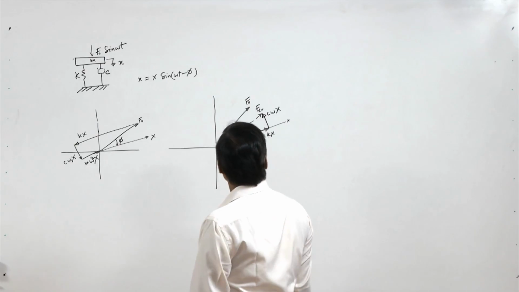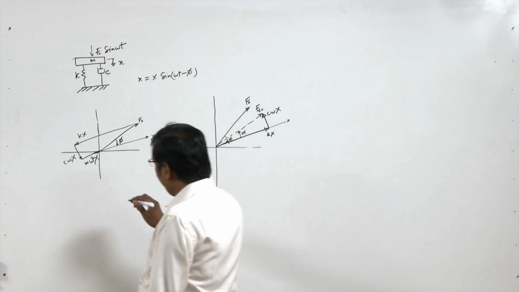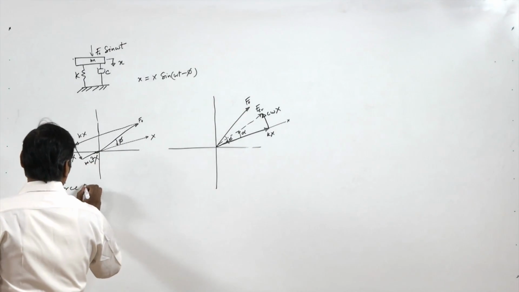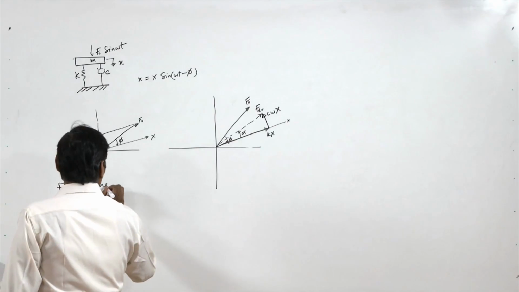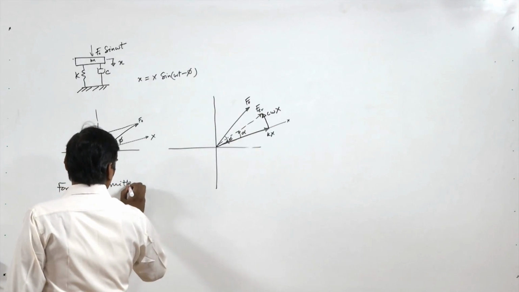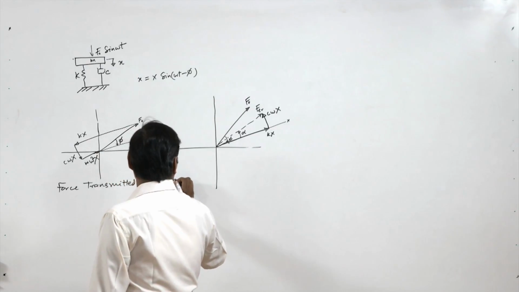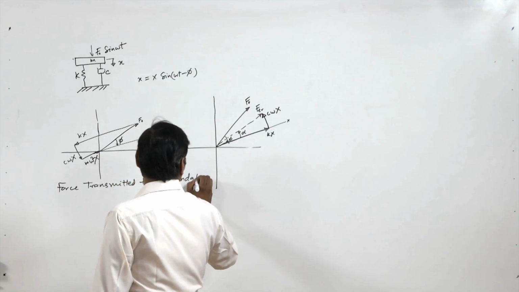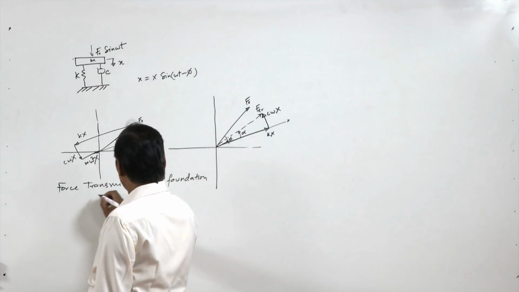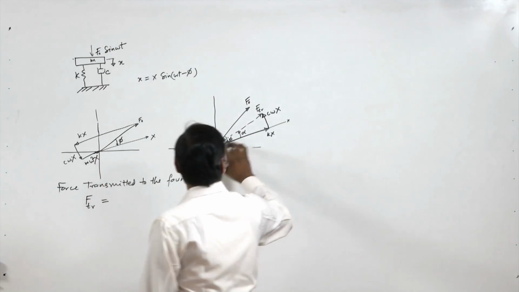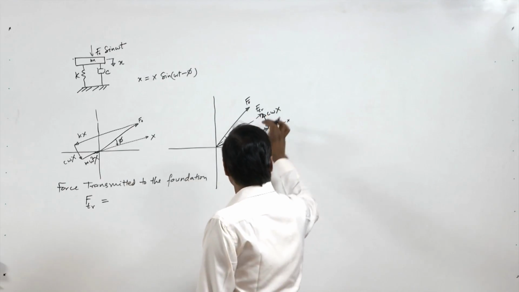So FTR, the force transmitted to the foundation. So FTR is the vector sum of these two forces, spring force and damping force.